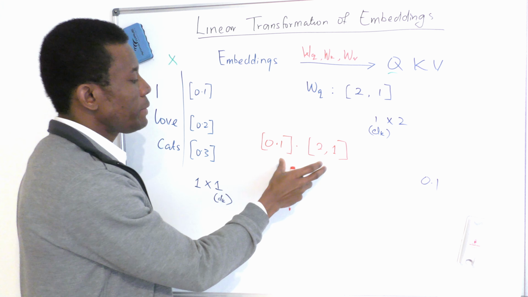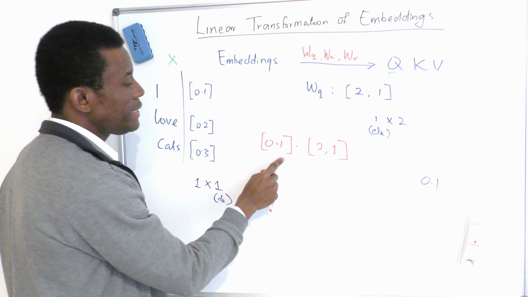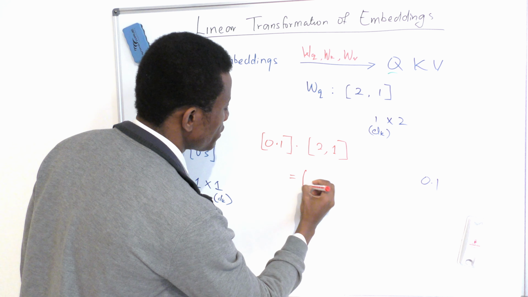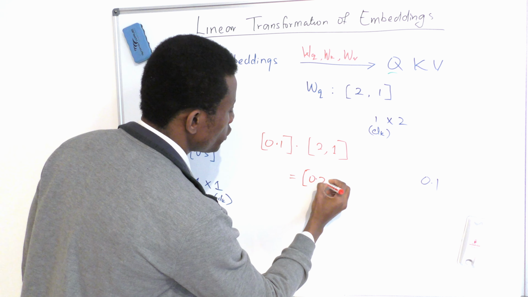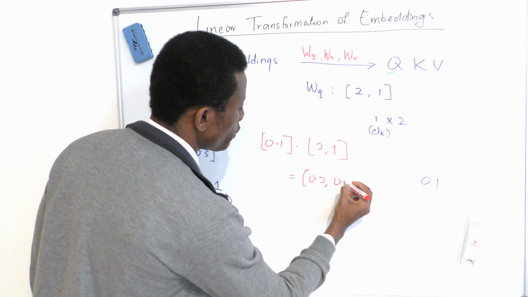What is going to be the result of this operation? We are going to have this times this, which gives us 0.2, and we have this times this, which gives us 0.1.